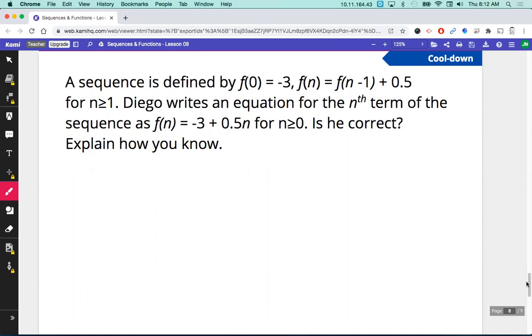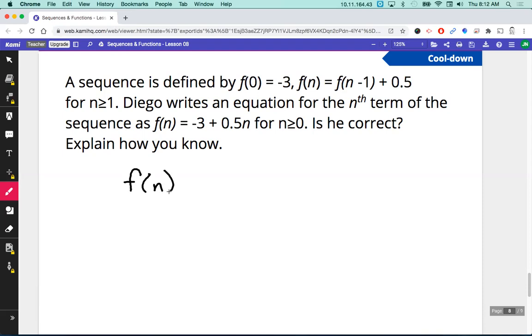We start at -3 and we're adding 0.5 each time. Because we're adding something, that makes it arithmetic. So let's make our own just to see if it's the same. We have f of n.